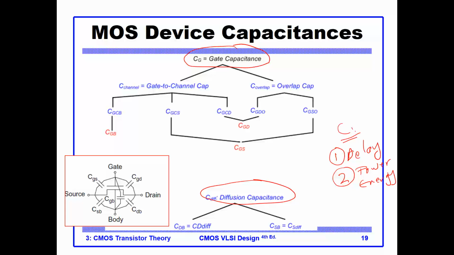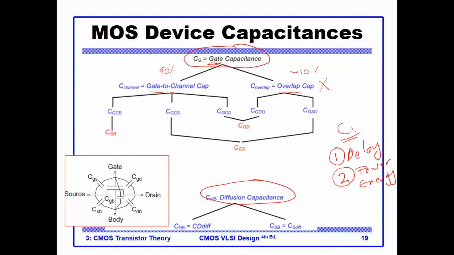So the CMOS device, the gate has a capacitance, and the gate capacitance can be either channel capacitance or overlap capacitance. The channel capacitance is the dominant one, about 90% of the gate capacitance, and the overlap is about 10% at best. In fact, a lot of people kind of ignore overlap capacitance, and we will discuss it and see what it is.